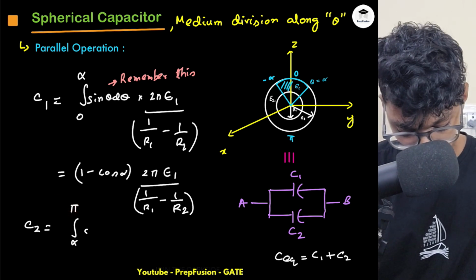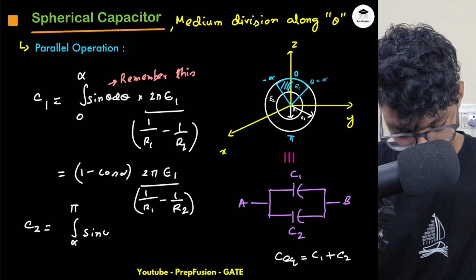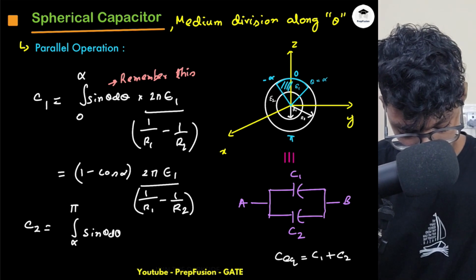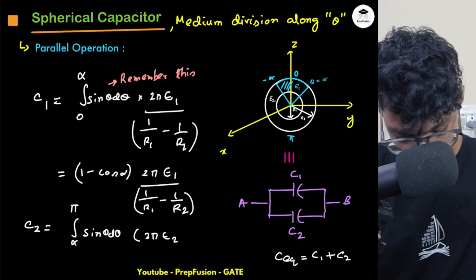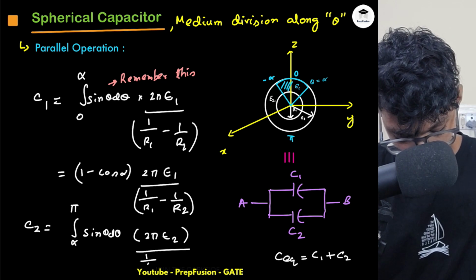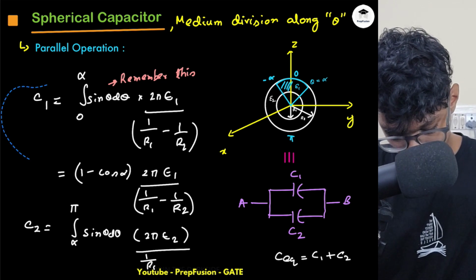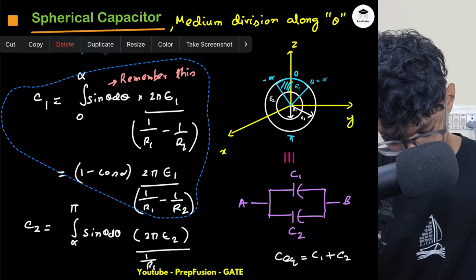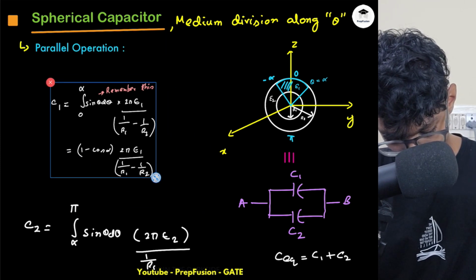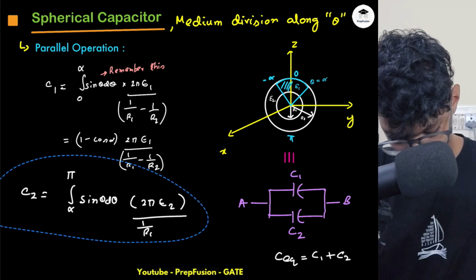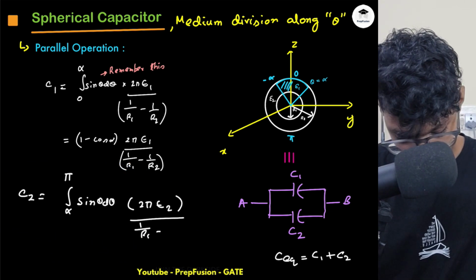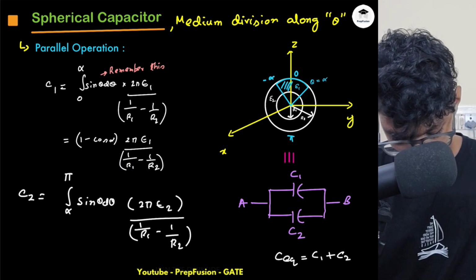This will be sine theta d theta into 2 pi epsilon 2 divided by 1 by r1 minus 1 by r2.